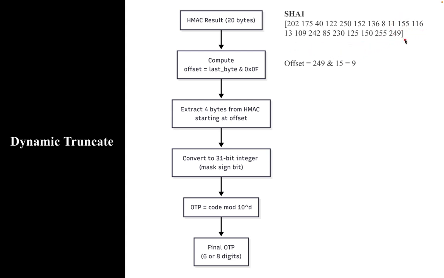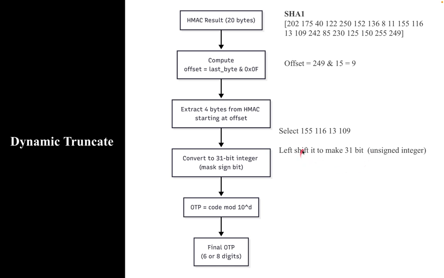In this case, it would be 115, 116, 13, and 109, and I would be left shifting it to make a 31-bit unsigned integer. This is an important thing. I need an unsigned integer since I don't want a negative OTP number, obviously.